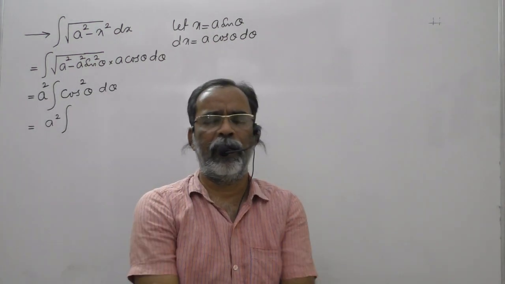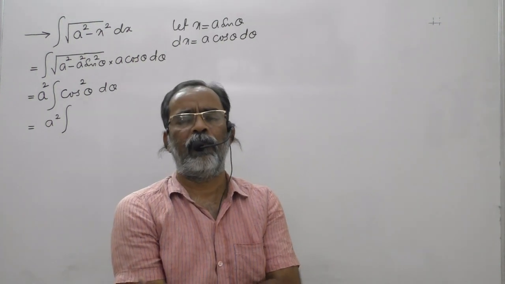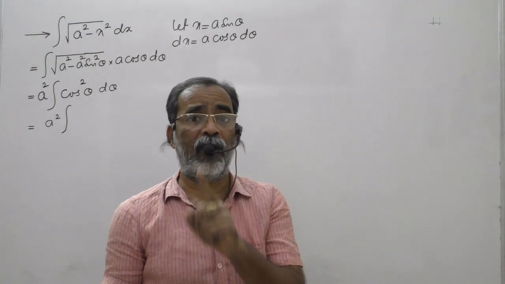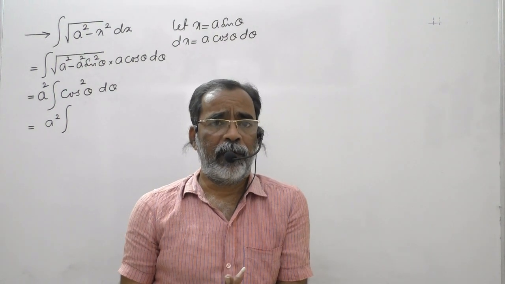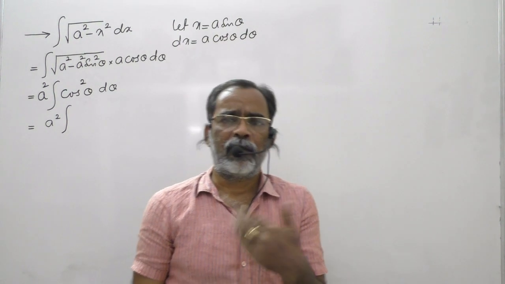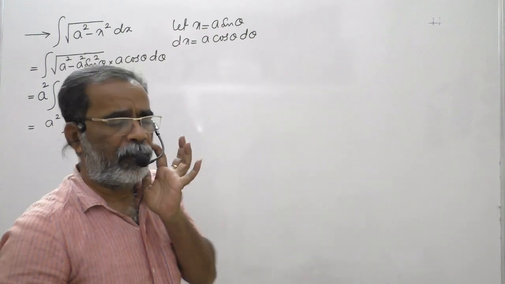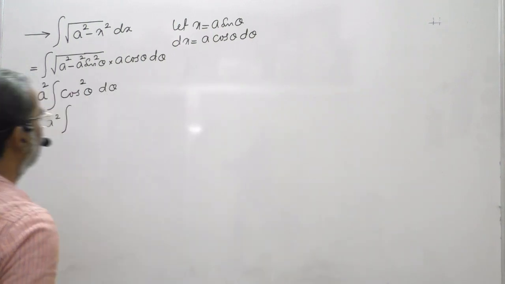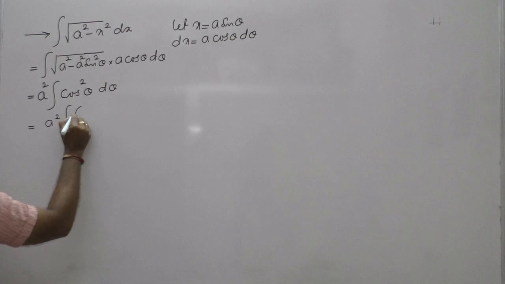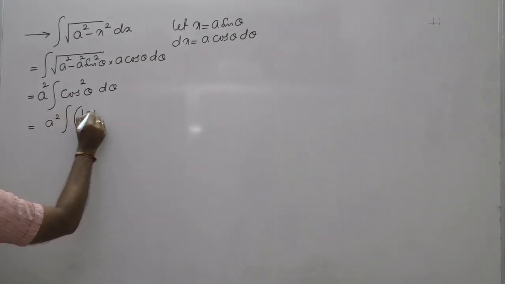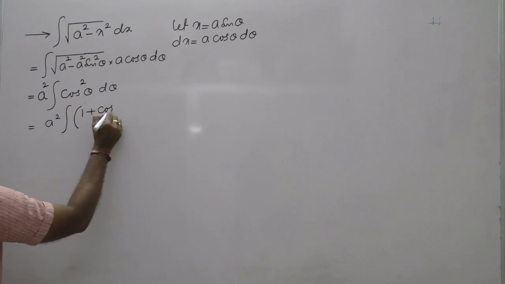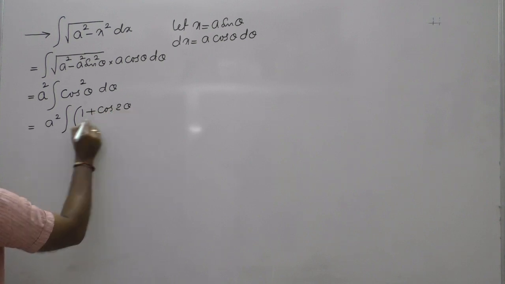In the standard integrals, we have the integral for cos x, but cos square we don't have. For squares, it will be coming in the last exercise. Okay, I will simplify this. I can write cos square as 1 plus cos 2 theta by 2.